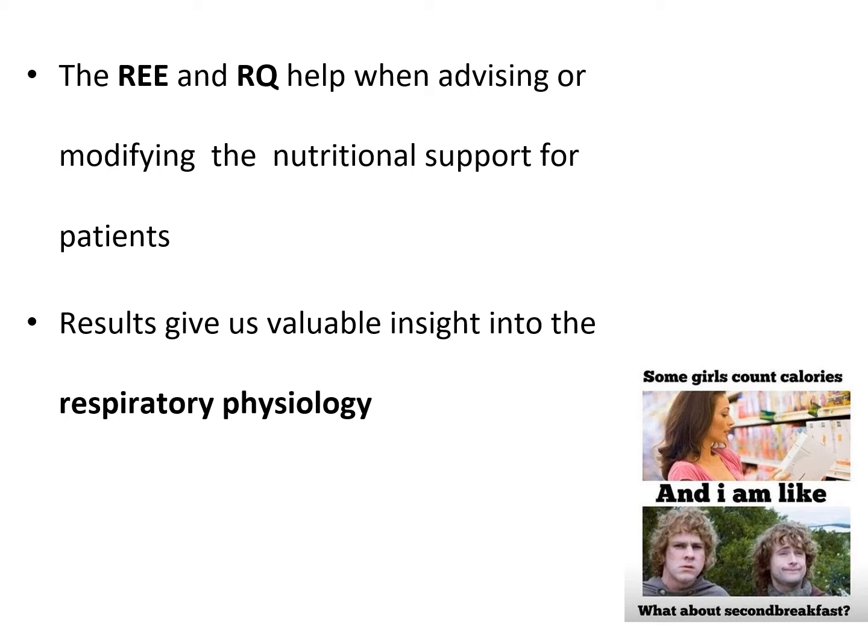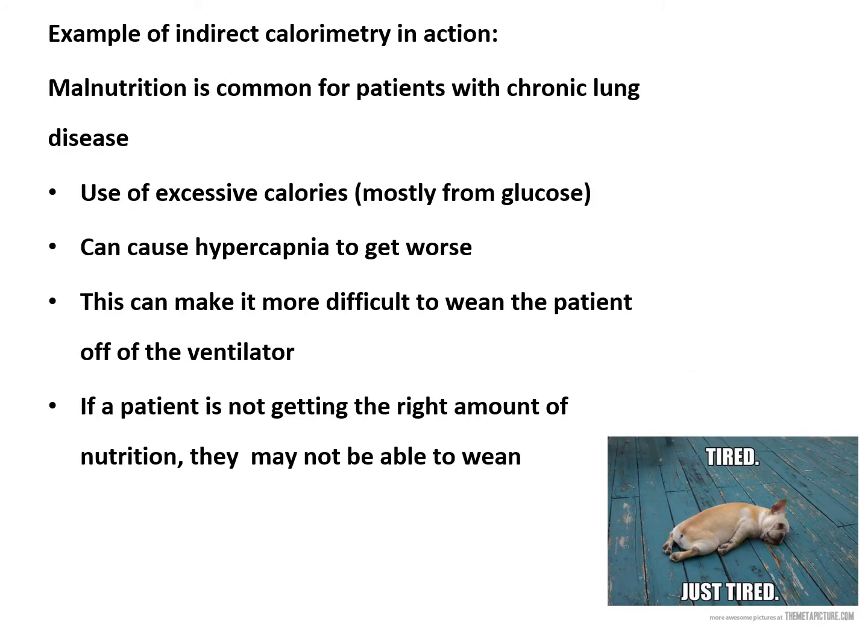So the resting energy expenditure and the RQ are going to help advise how they should modify the nutritional support and help guide us to hopefully manage these patients on vents and get them off the ventilators. We have to remember that malnutrition is very common for patients with chronic lung disease. They use a lot of their calories just to breathe.